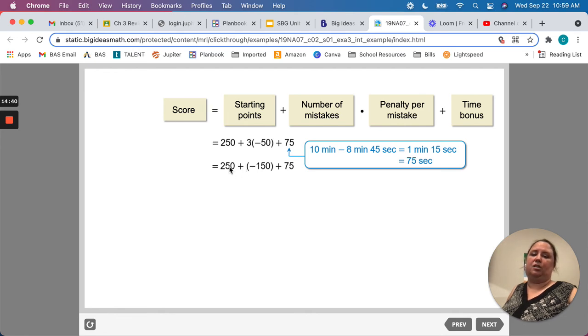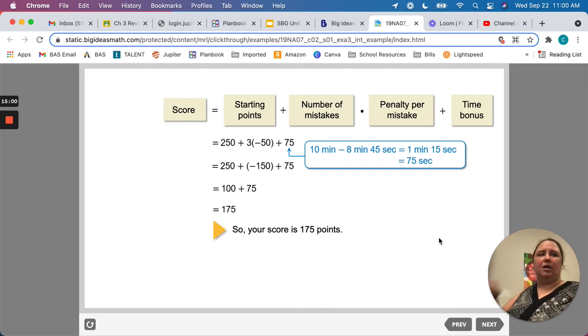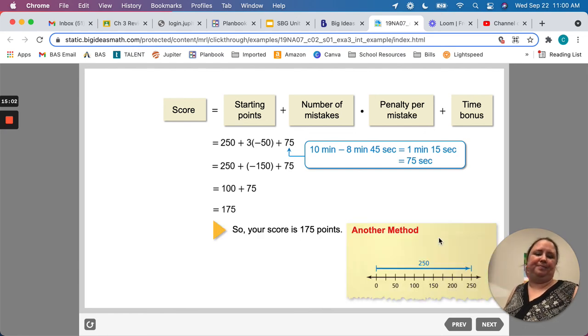So it's like saying 250 minus 150, which is 100. And then the last step is to add the 75. So we scored 175 points.